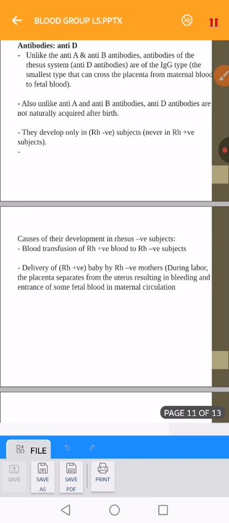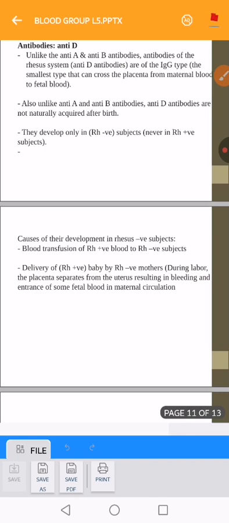The immunity of the mother sees that antigen as foreign antigen, and immediately it starts to produce antibody against that antigen. Okay, so now the mother is rhesus negative, but she has antibody against antigen D because of mixing of blood from the fetus. So it's not a problem for the mother.